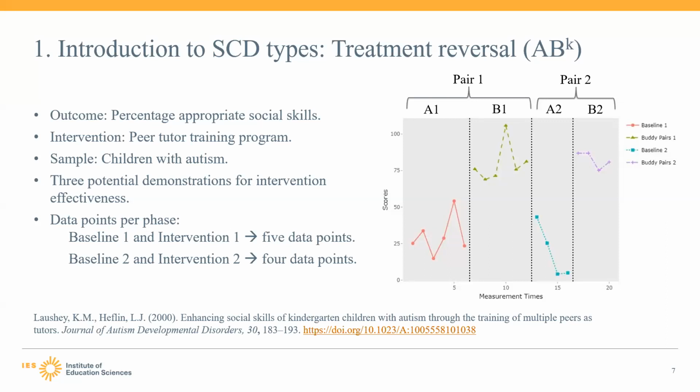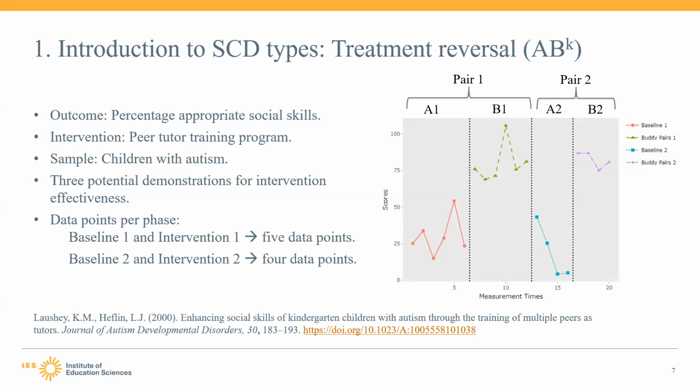The researchers investigated the effectiveness of a peer tutoring training program, labeled as buddy pairs in the graphical display, to increase the percentage of appropriate social skills. The outcome is assumed reversible. The participants were children diagnosed with autism spectrum disorder.